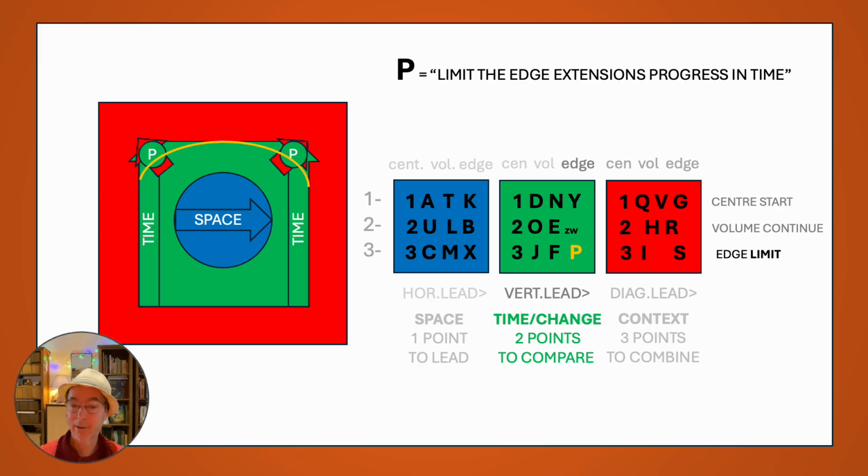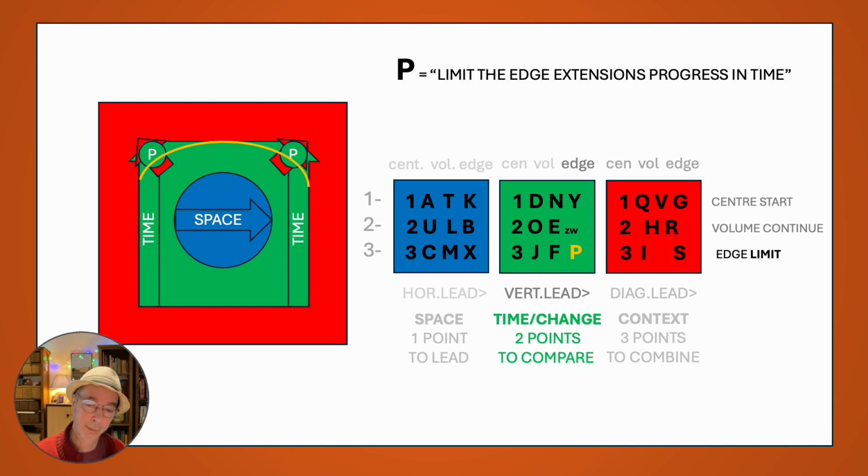Let's investigate. Of course, I have all the letters of my scheme here together with some 9 positions in space, 9 positions in time associations, and 9 positions in context associations, with which we can combine all the positions in space, time, and via context.